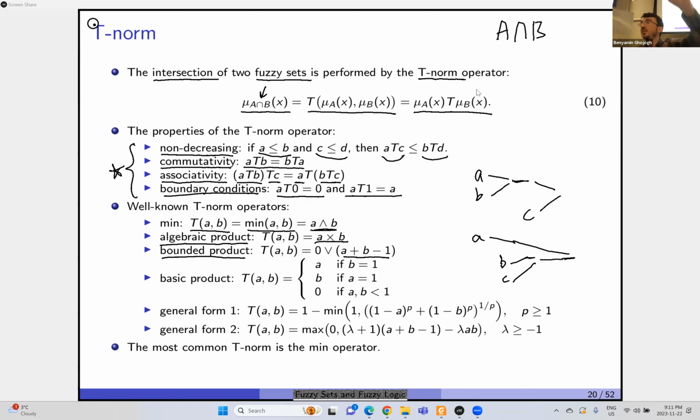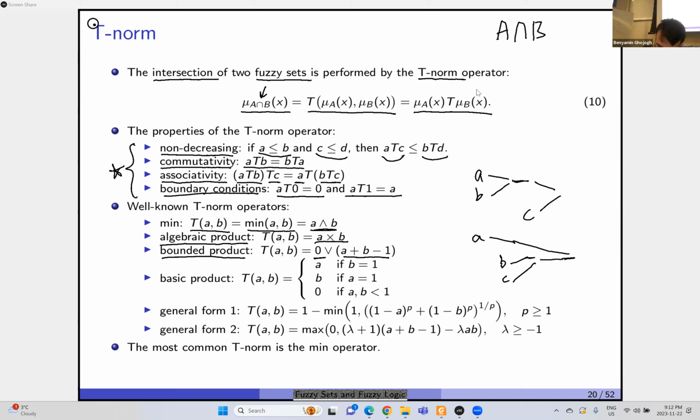You know that A and B are between 0 and 1, so A plus B is between 0 and 2. Minus 1 becomes between minus 1 and 1. Then take the maximum of that with 0. Here, wedge means minimum, and V means maximum.